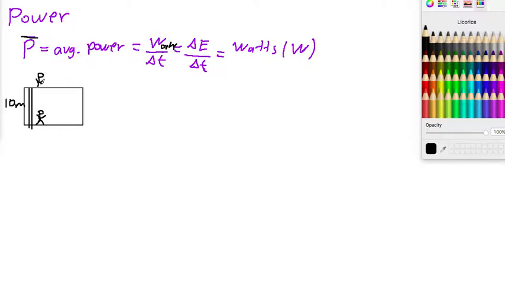Now it takes you 4 seconds to climb that up, and also you weigh 80 kilograms.